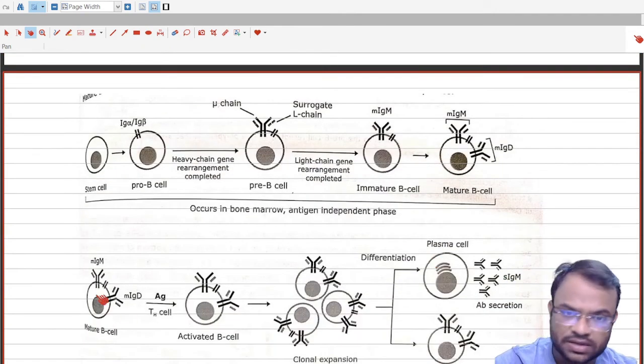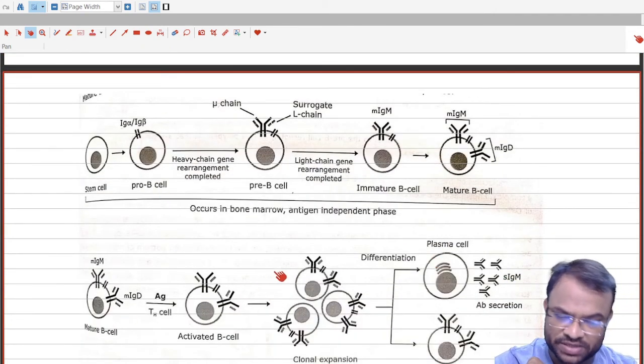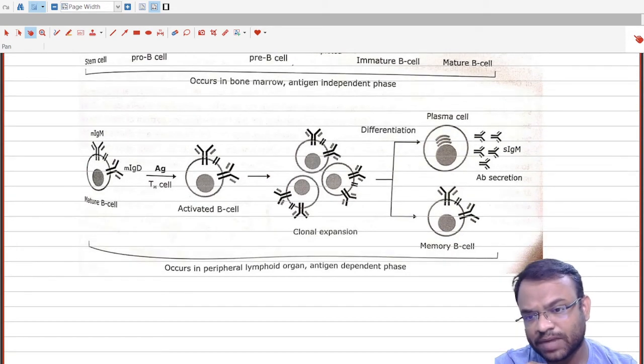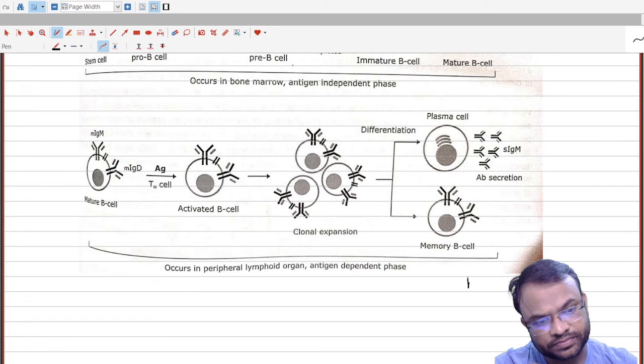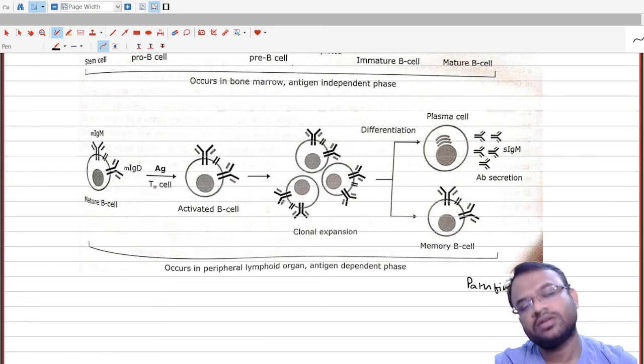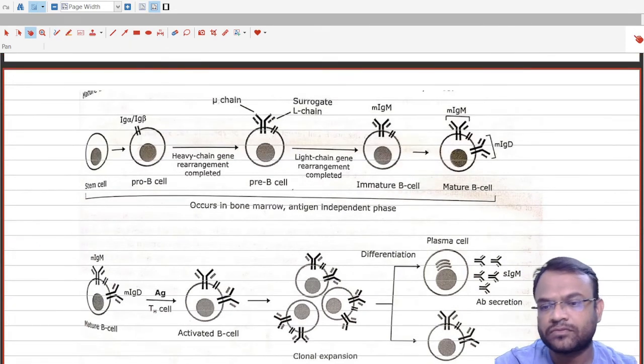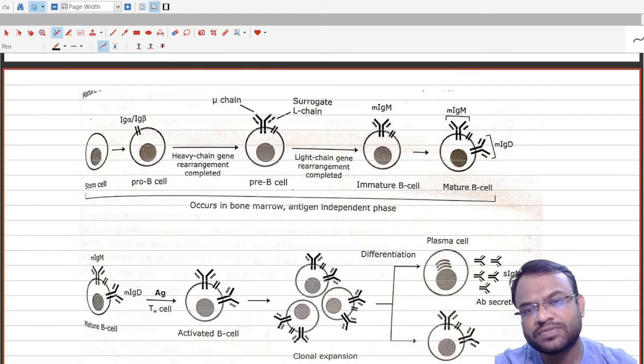Now let us talk about the diagrammatic representation. I have taken this diagram from a Pathfinder book. Let me explain this diagrammatic representation. This was the stem cell where we started, the lymphoid stem cell.